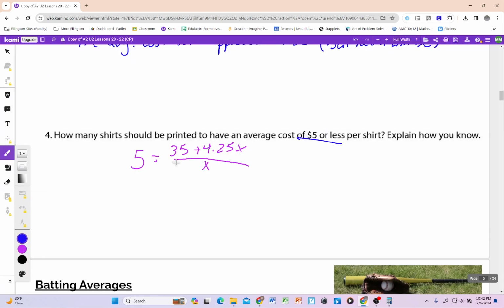So what I'm going to do to solve this equation is multiply both sides by x. Now, this seems wild. How do we know what we're multiplying by? Well, we're multiplying by some amount of t-shirts, right? We just don't know what that number is, but we're multiplying by that number. Now, here's the part that you have to be careful of.